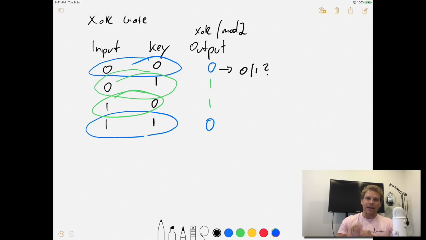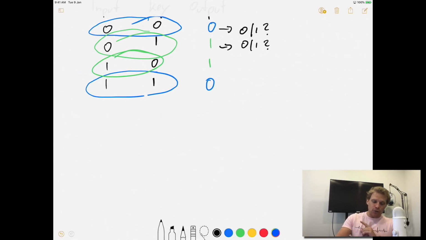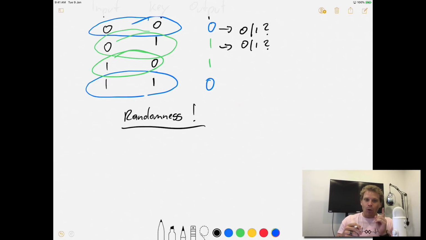You don't know because it can be either. Also, you don't know if the key was a 0 or a 1. And the same applies with a 1. You don't know if the input was a 0 or 1 or the key was a 0 or 1. And this is really relevant because it really increases randomness in the entire thing. And this is very important to understand when we're talking about hash functions as well.